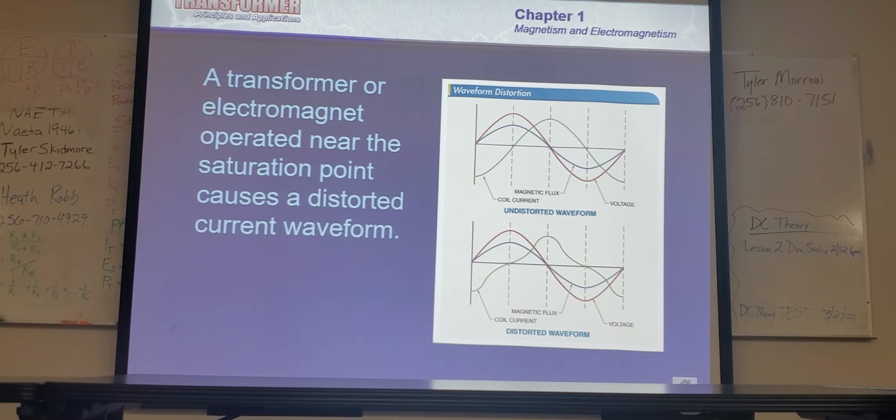In other words, a small increase in applied voltage will not produce the required increase in CEMF. The primary current increases disproportionately to the rise in voltage. The coil current increases dramatically at the peaks in order to maintain the shape of the magnetomotive force waveform.